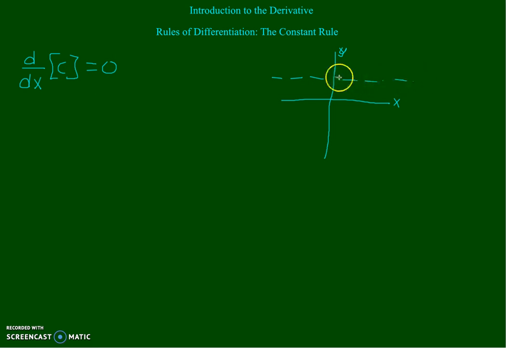So we have some dotted function, and this is the function y equals 2. You can see that since the derivative is the slope of the tangent line and the slope of a horizontal line is 0, clearly the derivative of any constant is going to be the slope of a horizontal line, which is just 0. So that's a pretty basic idea there. So that's the constant rule, and we'll be employing that fairly regularly.